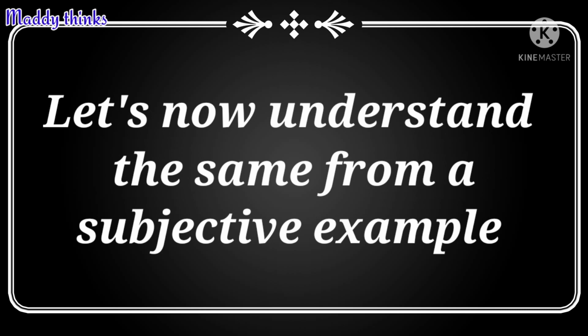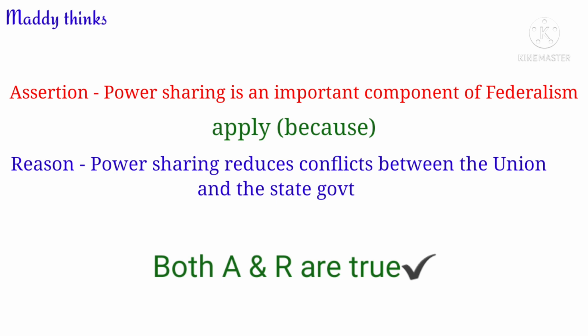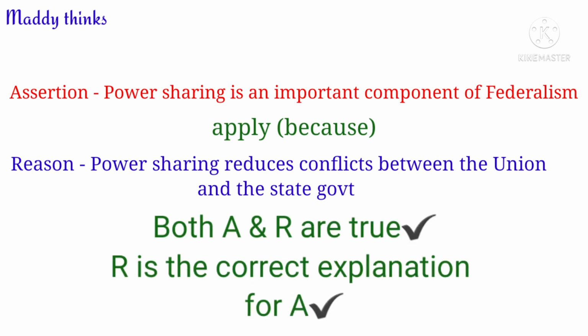Let us now see a subjective example. Assertion statement is power sharing is an important component of federalism. A reason statement is power sharing reduces conflicts between the union and the state governments.